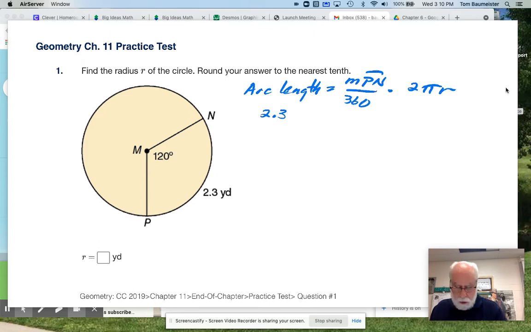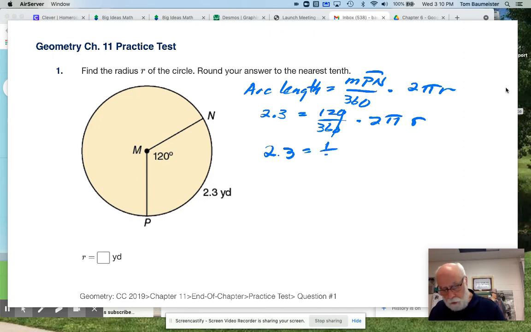We know that the measure of arc PN is 120 over 360. And then we have times 2 pi, and we don't know what r is. R is our unknown. So remember, on this here, I'm just going to simplify it for you. I can make that be reduced to 1/3 times 2 pi times r.